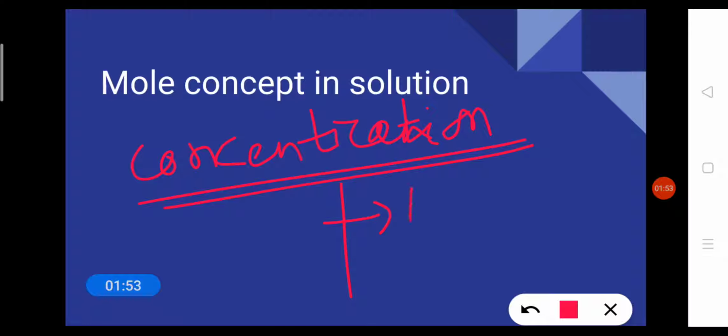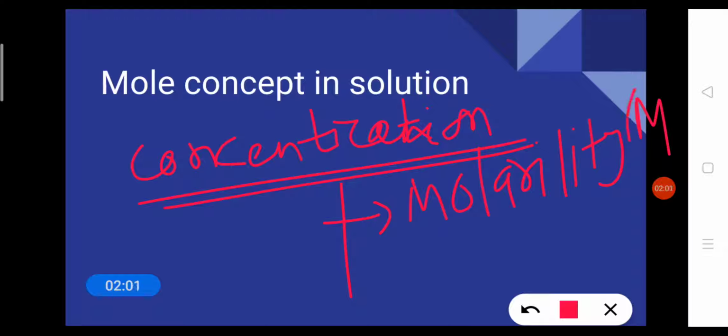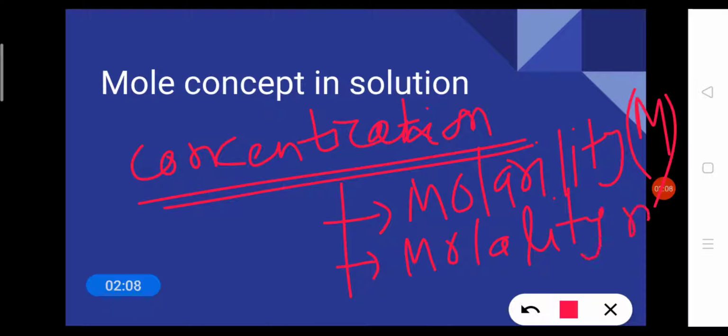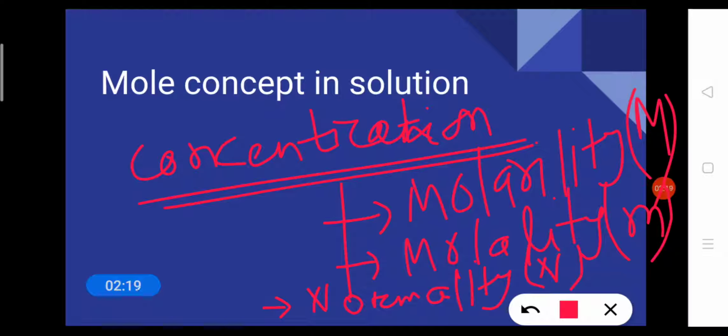They are molarity, which is represented as capital M, then molality, that is represented as small m, and the next one is normality, represented as capital N. These are the units by the help of which we can calculate the concentration in the solution. Okay, then let's start.